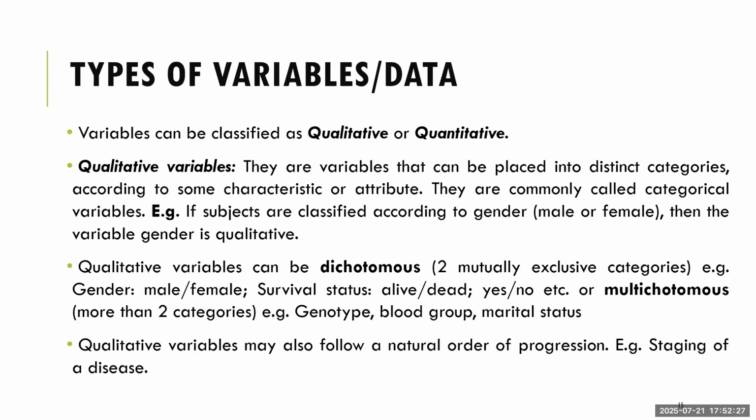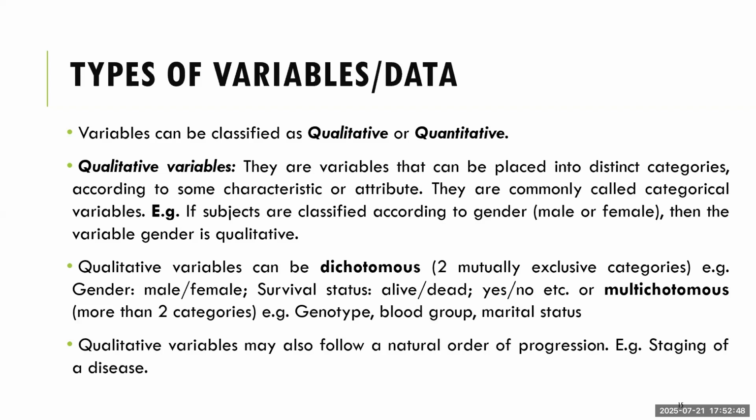Distinct categories. And one person cannot belong to more than one category. So they are mutually exclusive. So once we have variables that we can put into categories like this, we call them qualitative or categorical variables.